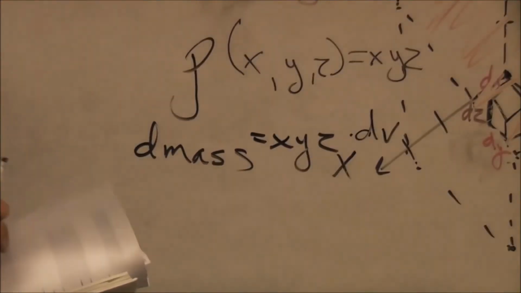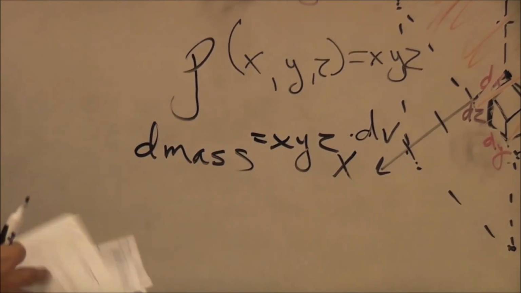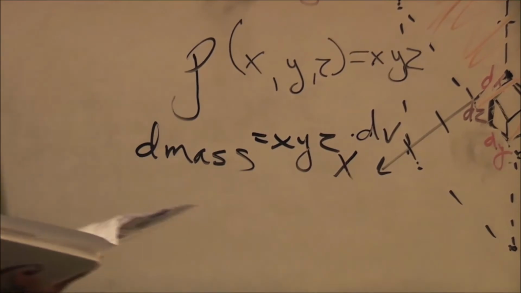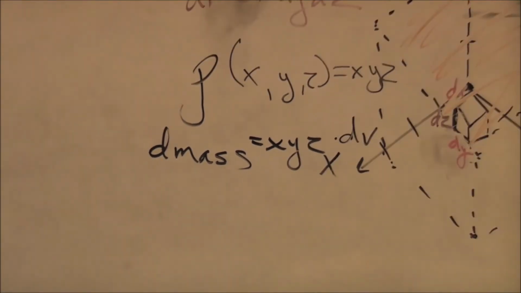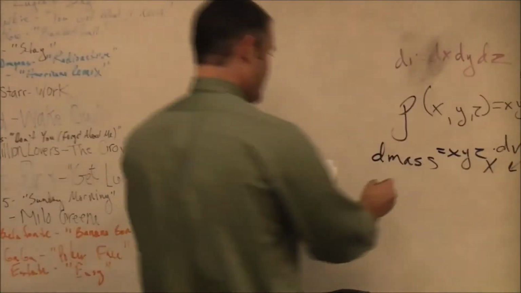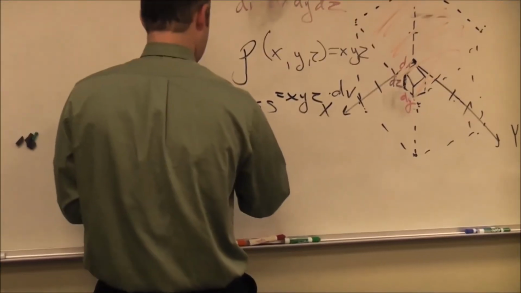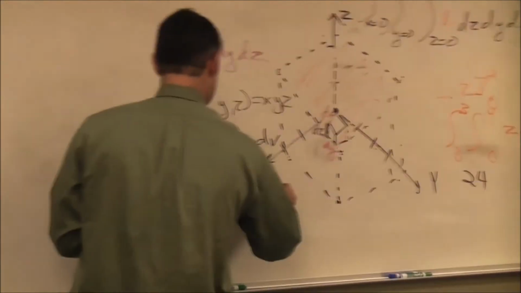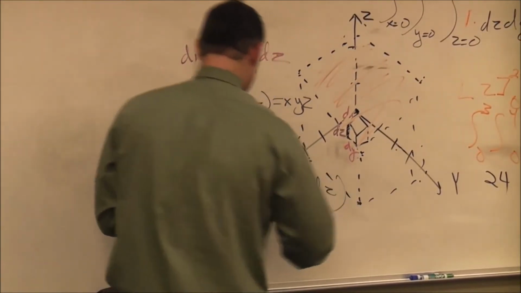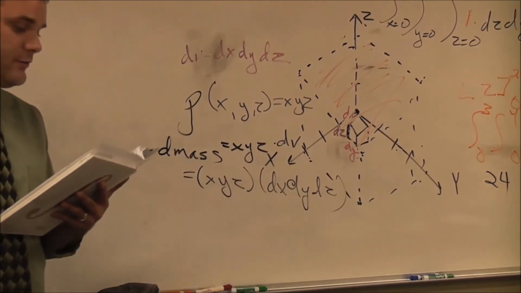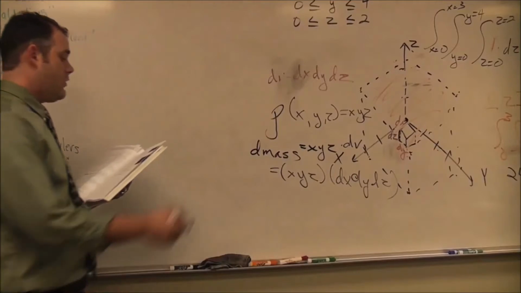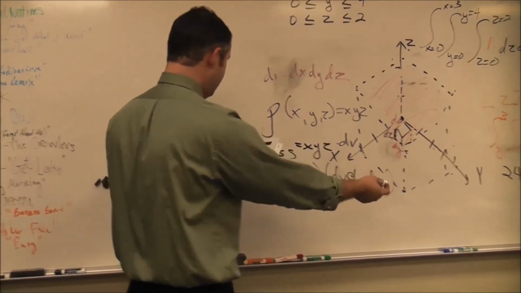And we know from our prior knowledge that dV is the same thing as the width times the height times the depth. So if we wanted to figure out the mass, it would be the density function at that point times our differential volume: ρ(x, y, z) dx dy dz.